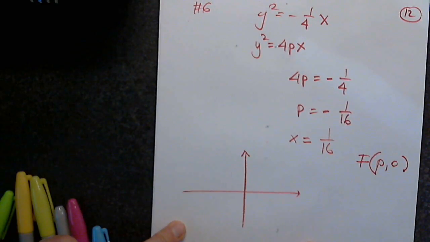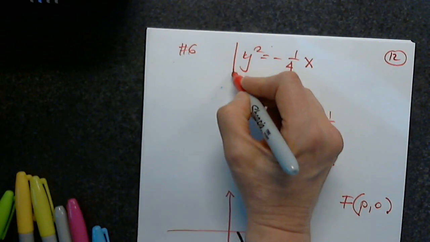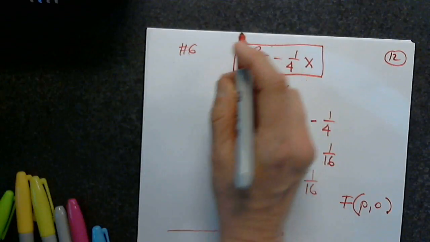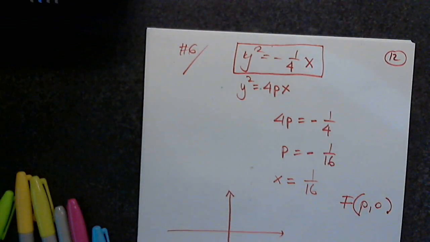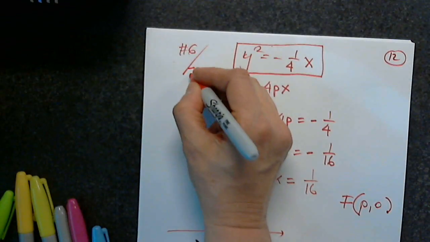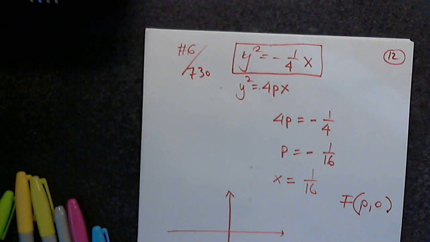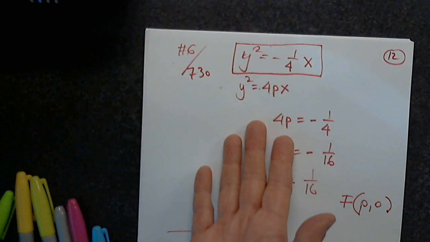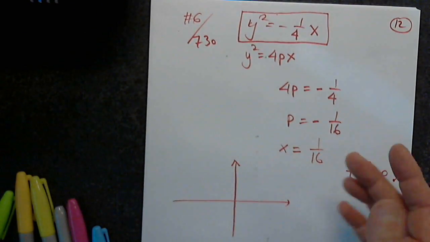This is problem 6 on page 730: y squared equals negative 1/4 x. The rest is clear, I hope.